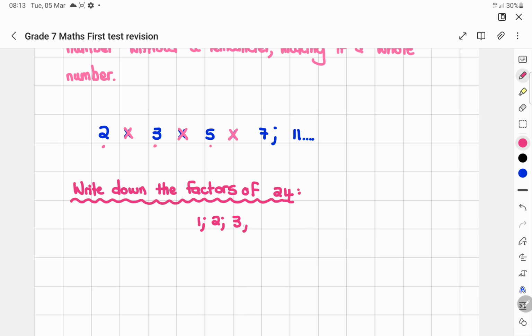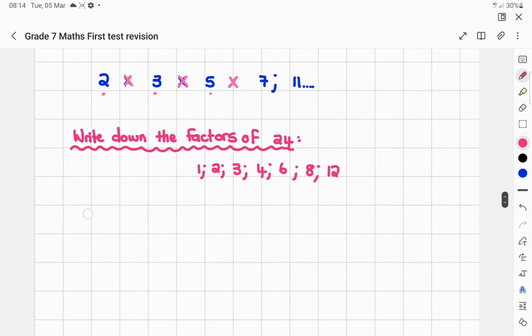So we've got a 3, and we know that it's got an 8 at the back. If you take 2, 24 divided by 2 gives you 12. So there will be a 12 as well. Then, can 24 be divided by 4? Yes, and if you divide it by 4, it gives you 6. And then those are your factors. So you can go and rewrite these closer to it, which was 8 and 12. So those are all your factors of 24.